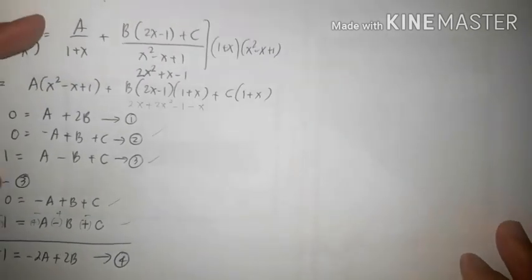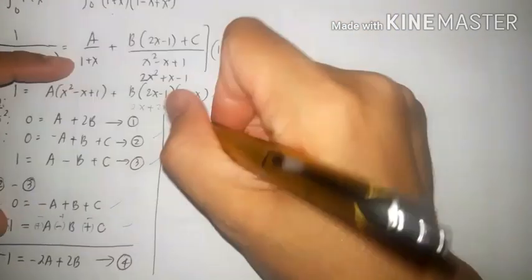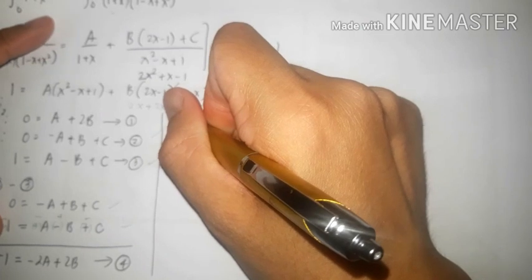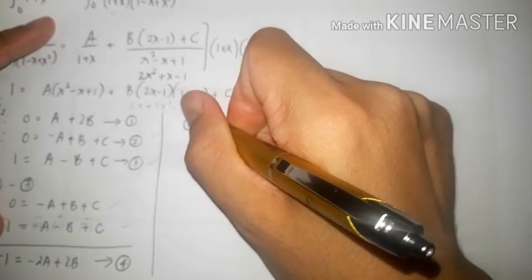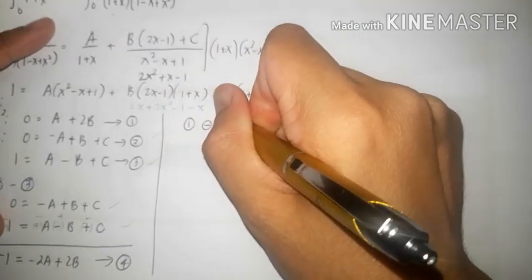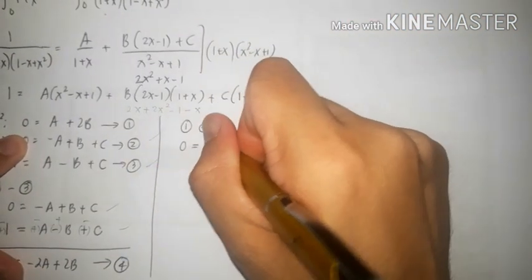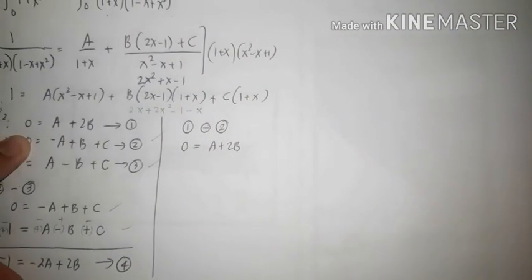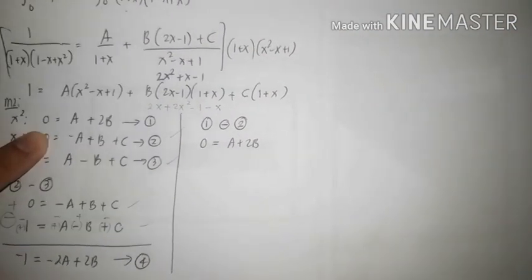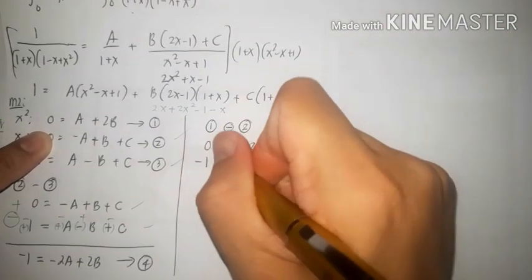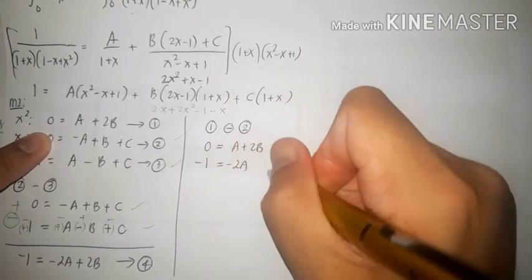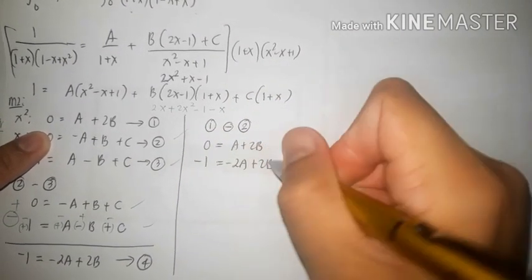So combining equation 4 with equation 1. Equation 1 is 0 equals A plus 2B. Then subtract equation 4, which is negative 1 equals negative 2A plus 2B.